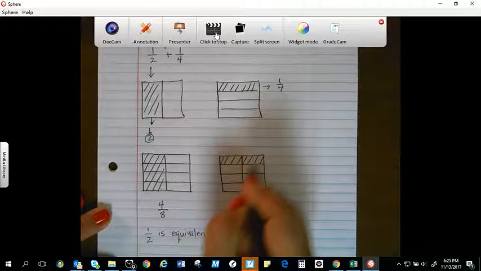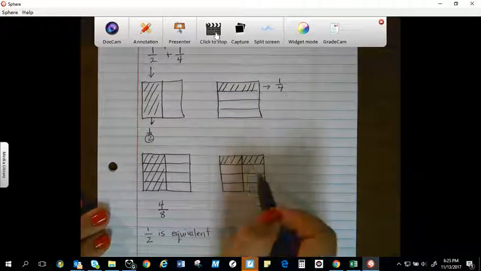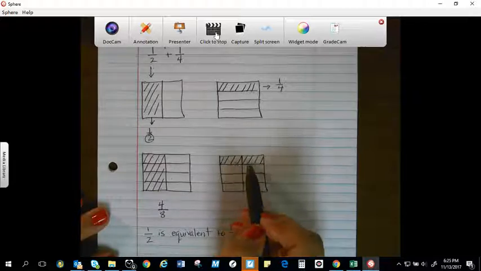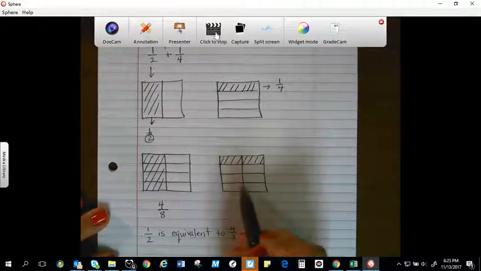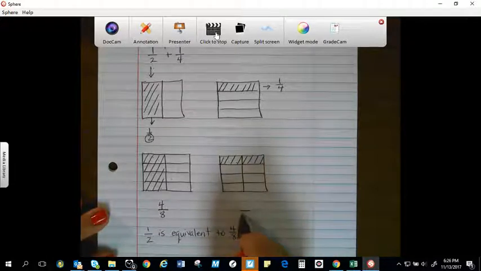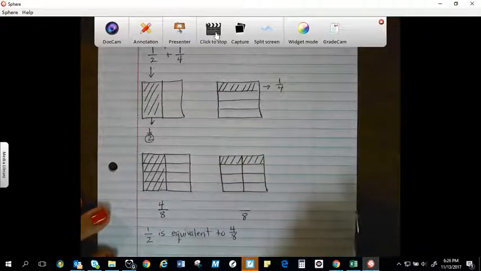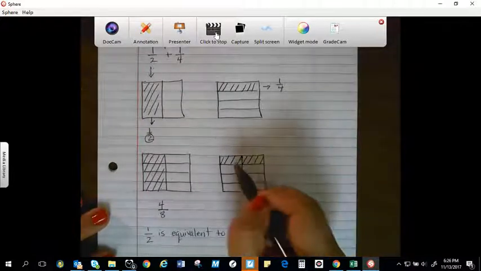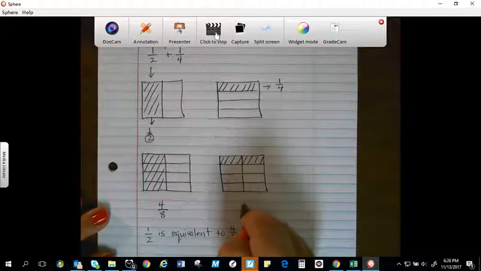Then it becomes, I have now a new denominator, and if I count them, I have 1, 2, 3, 4, 5, 6, 7, and 8, which I have 8. My denominator is now 8. I have 8 total equal parts, and out of this 8, I have 1, 2 that is shaded.